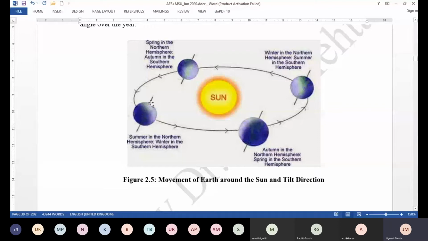So at that time, because of the inclination of the axis with the ecliptical plane, that is the imaginary plane on which the Earth is moving around the sun, that angle is such that the northern hemisphere tilts towards the sun. So the sun rays are more direct. They make less angle with any point on the northern hemisphere.